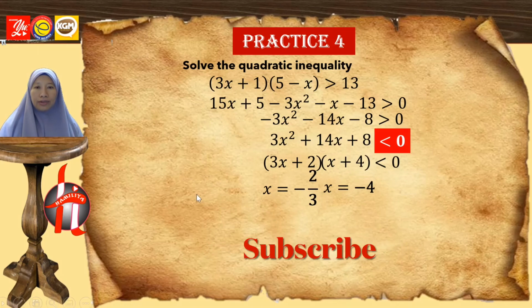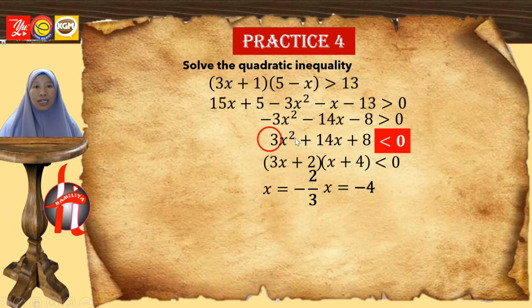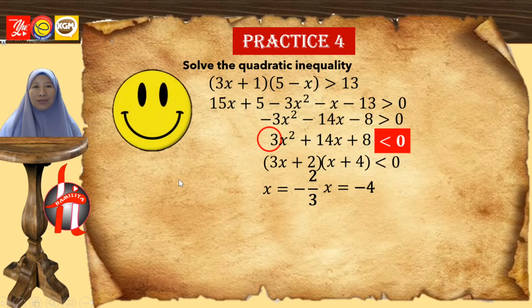Alright, so next is to sketch the quadratic graph. Now, in order to decide which graph to draw, you look at the latest inequality, which is the positive 3x squared. So since our a is positive, we are going to draw a happy quadratic graph.